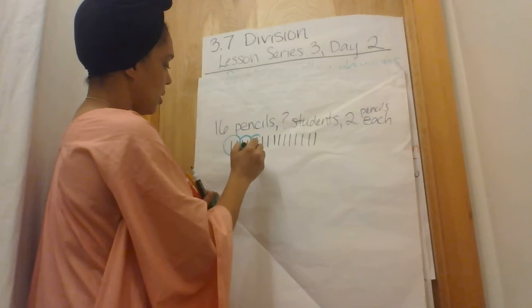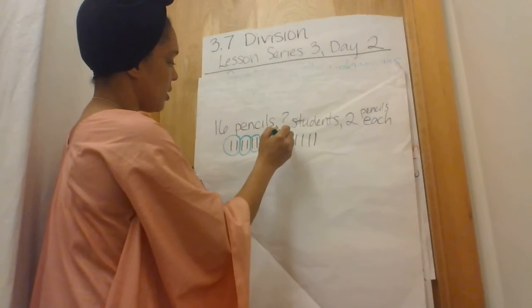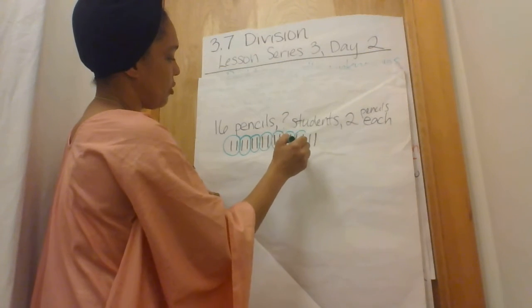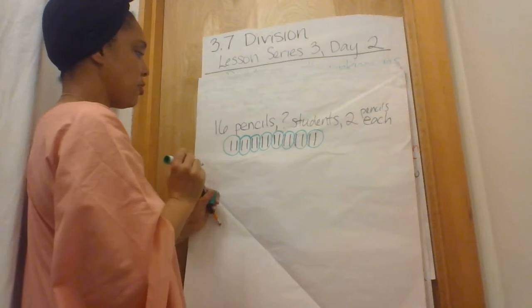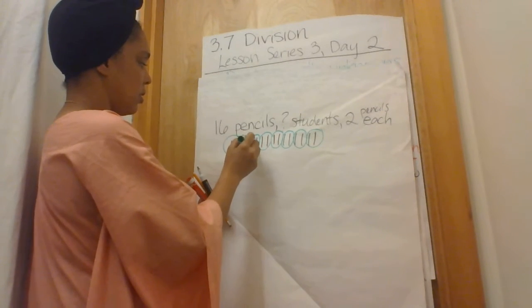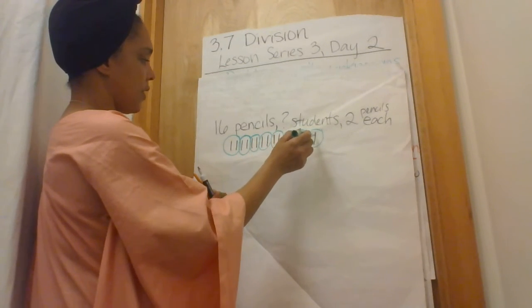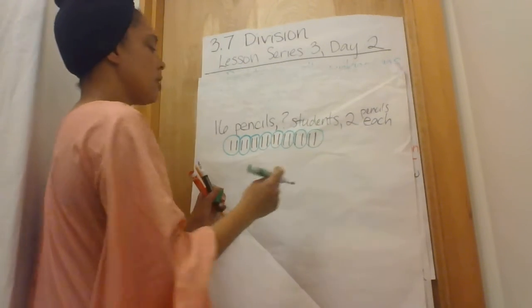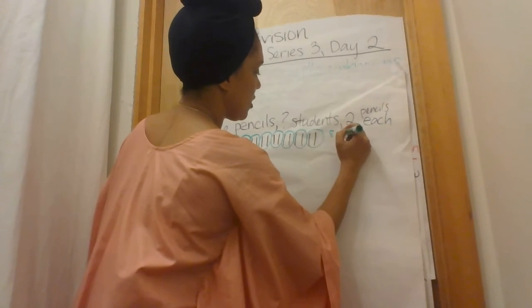So there's 2, there's 2, there's 2 pencils. So here's 2 pencils each, and when we're done, we can find out how many groups we have. So how many groups do we have here? 1, 2, 3, 4, 5, 6, 7, 8. So we have 8 groups.